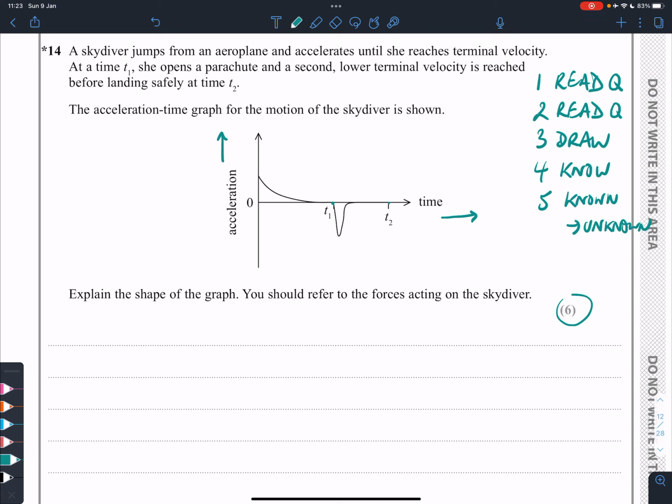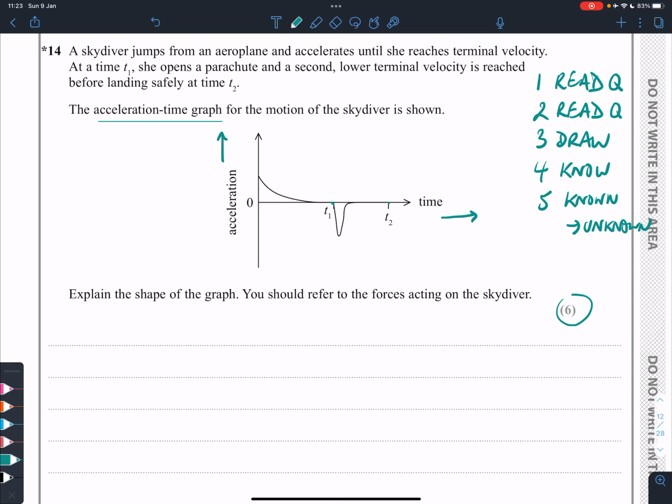The acceleration time graph for the motion of the skydiver is shown. Important, this is an acceleration time graph, which is quite unusual. Normally we would get velocity time or distance time. Explain the shape of the graph. You should refer to the forces acting on the skydiver.